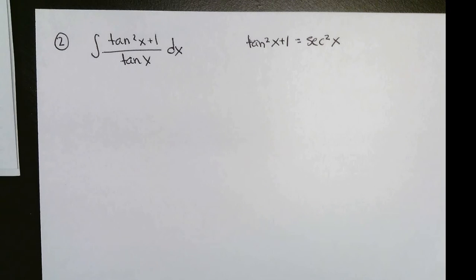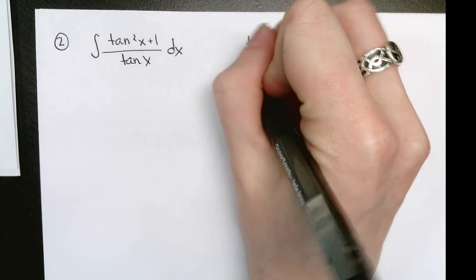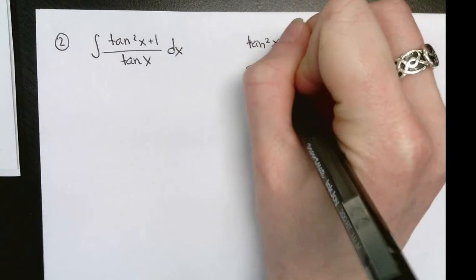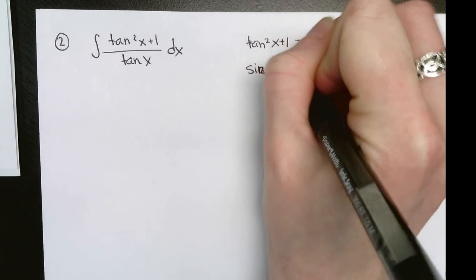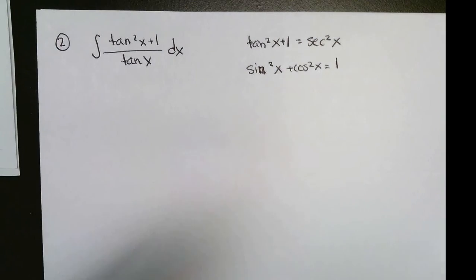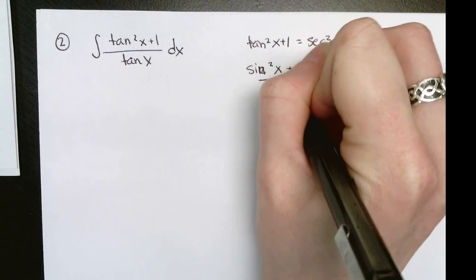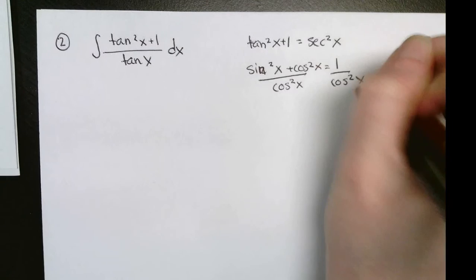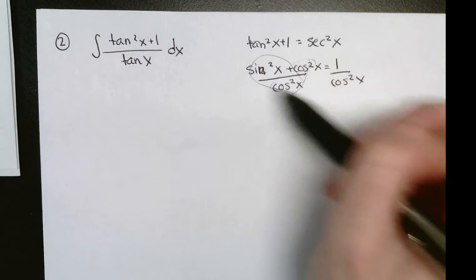It's all the same equation technically though, because what we're doing is we're taking it and dividing it by cosine squared. So if I had sine squared x plus cosine squared x equals 1, well, if I divide this by the cosine squared of x, we have to distribute that.